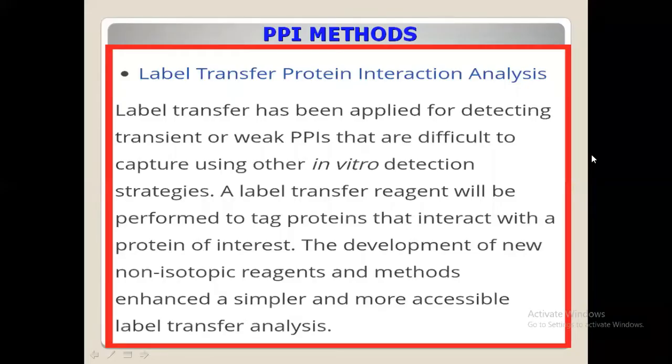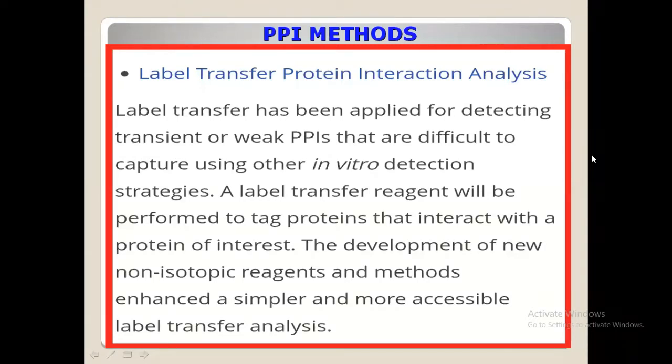In this label transfer protein interaction method, very weak or transient PPIs, that is protein-protein interactions, can be studied. A label transfer reagent is used here, like you are using a cross-linker reagent in the previous method.